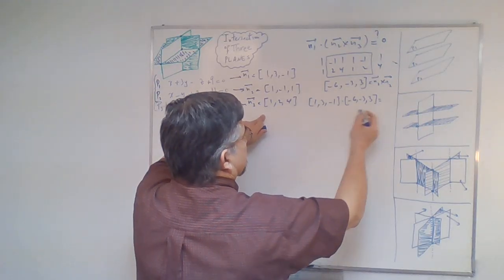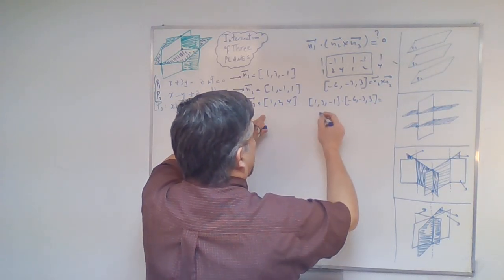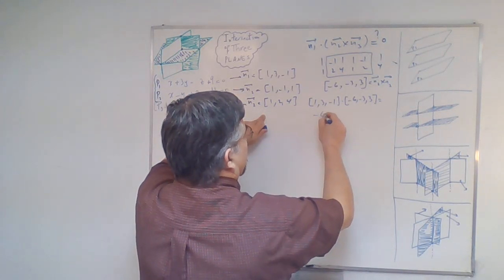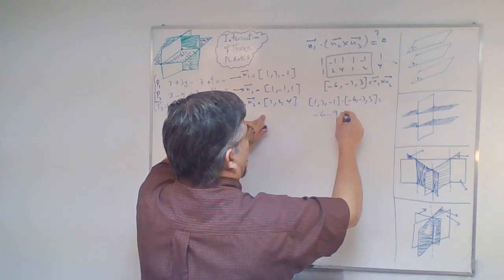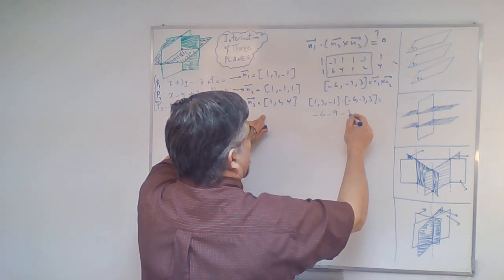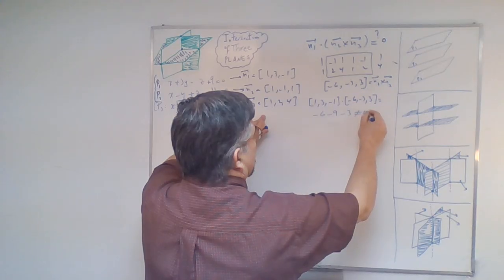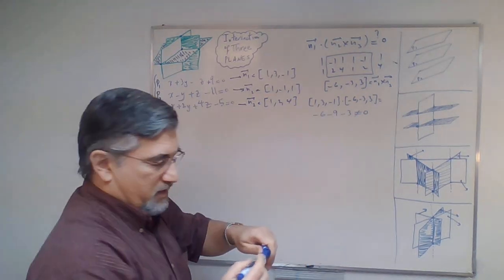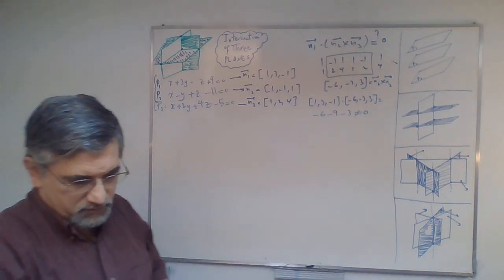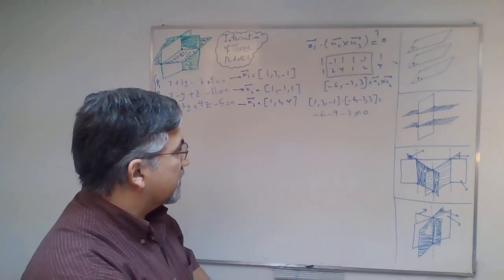So we get negative 6 minus 9 minus 3, and that is not equal to 0. Okay, so that is not equal to 0. And what does that mean?